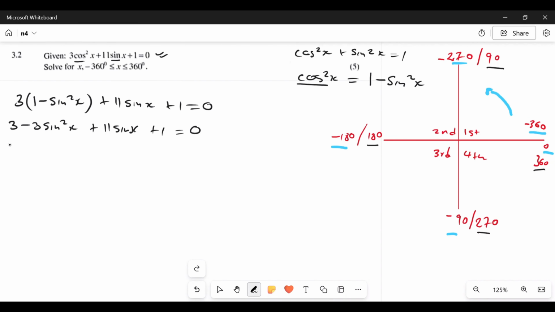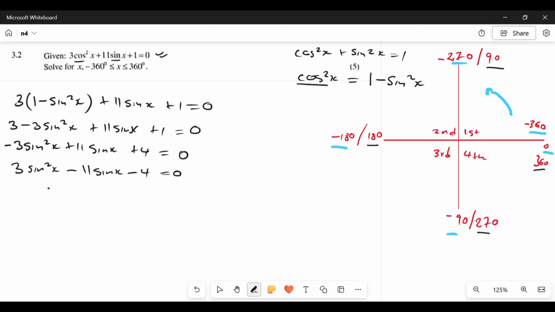So if you rewrite this, it's going to give us negative 3 sine squared x plus 11 sine x plus 4, all this equaling 0. Then we need to change this negative to positive because our a there is negative. So if you multiply by negative throughout, you're going to have positive 3 sine squared x minus 11 sine x minus 4, all this equaling 0.